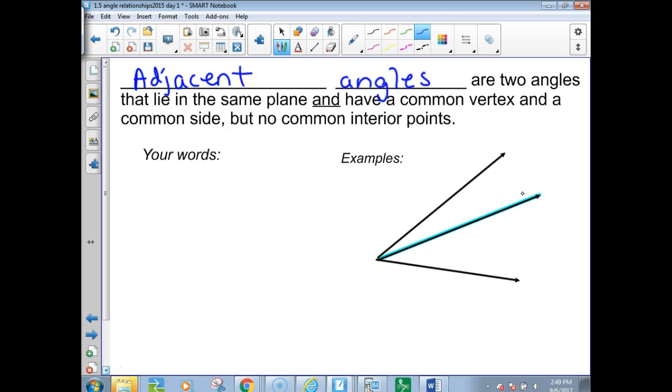You need to draw this, please, on your paper. So adjacent angles are two angles that lie in the same plane and have a common vertex and a common side, but no common interior points. This is the common vertex right here.